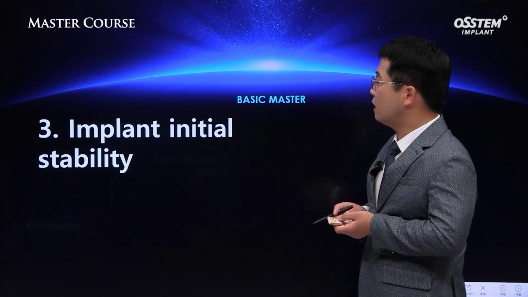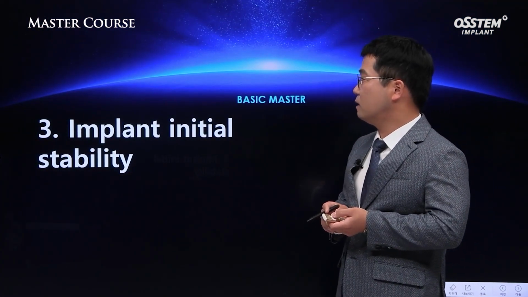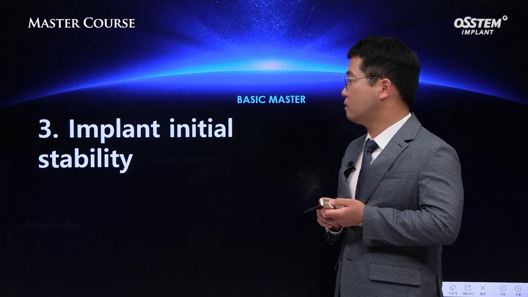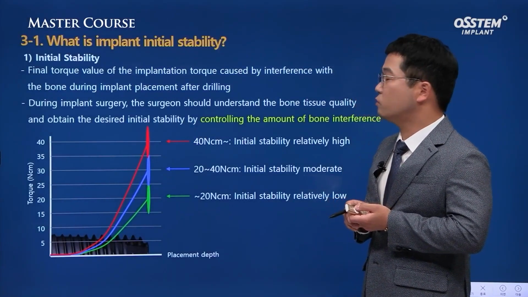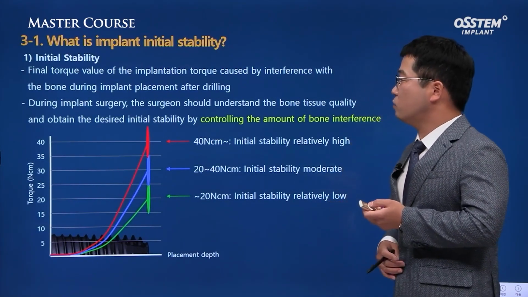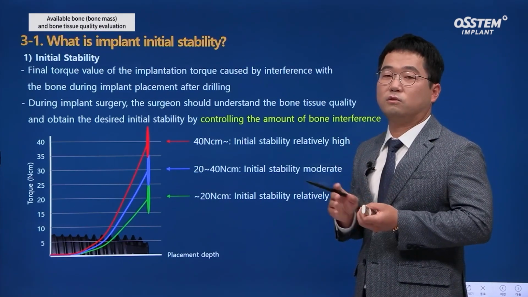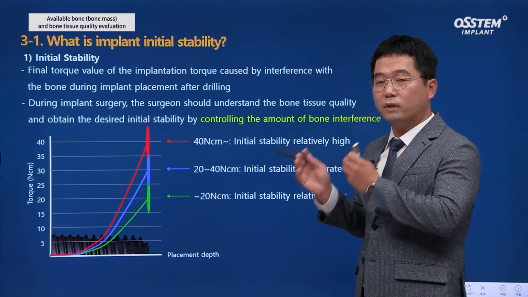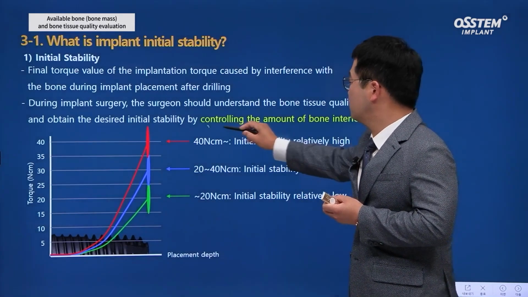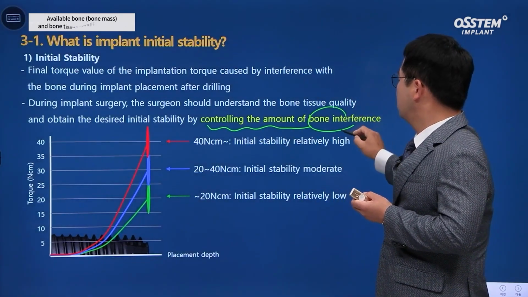Third, implant primary stability. This is very important in basic course. How do we get primary stability? What is primary stability? In order to get good primary stability, we need to look at bone amount and bone quality. How do we get primary stability? That is the key.